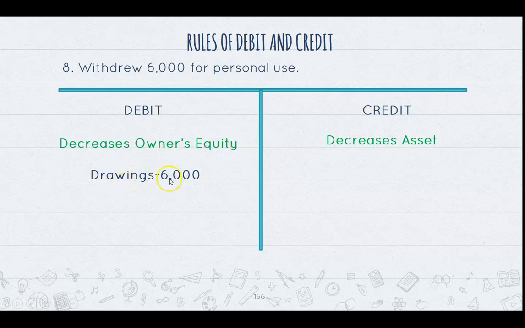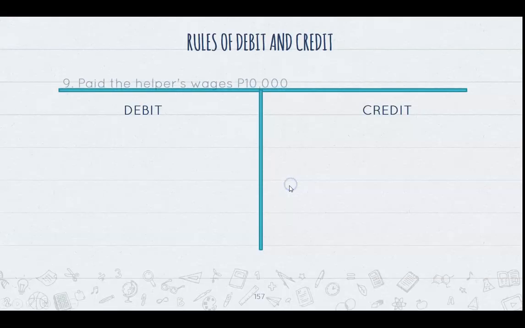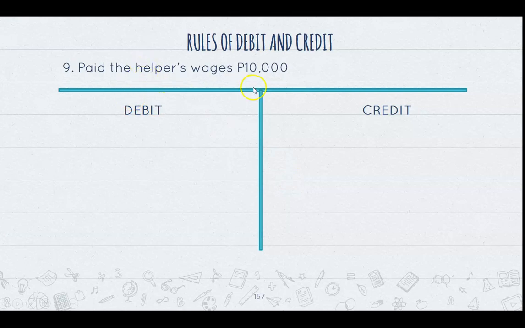Okay, drawings is 6,000 pesos. And cash, 6,000 pesos. Kasi nag-withdraw siya ng 6,000 for personal use. Meaning to say, yung company mo or yung business mo, nabawasan yung cash because of drawings. Okay? Next is, paid the helper's wages 10,000 pesos.